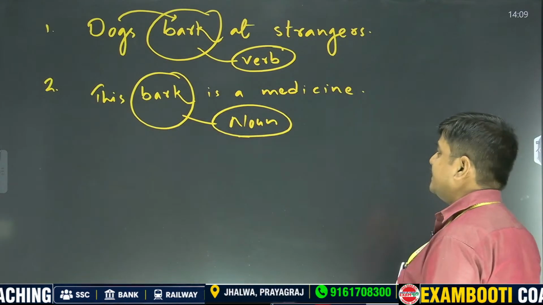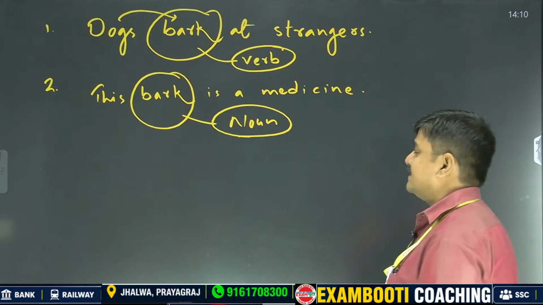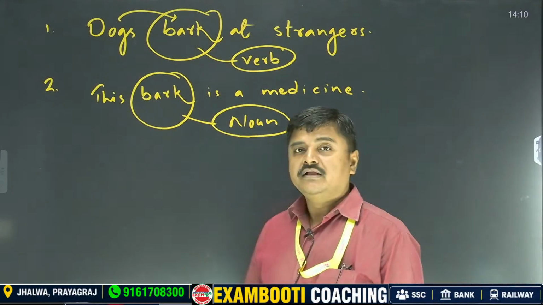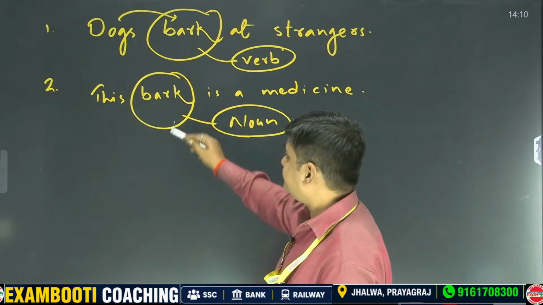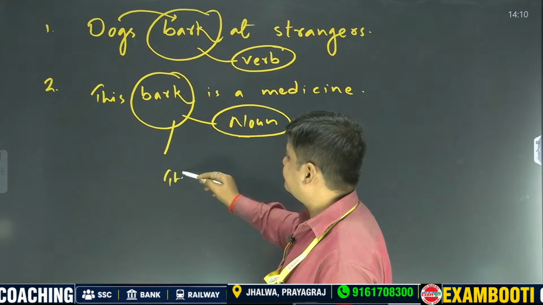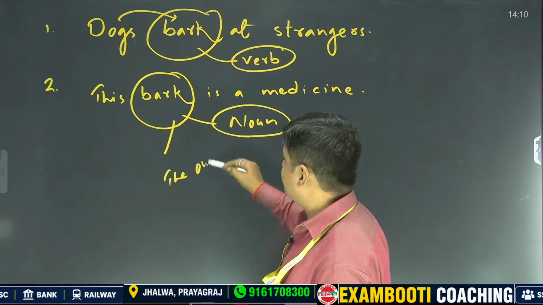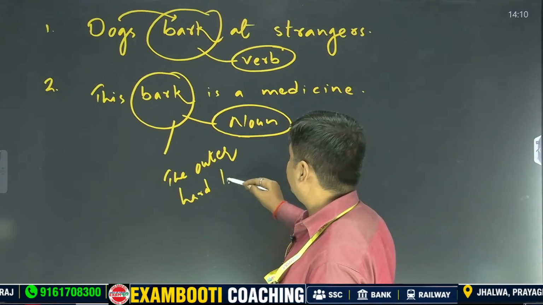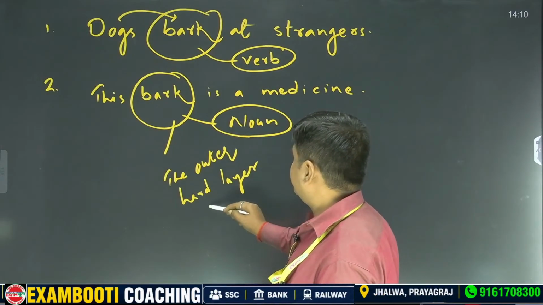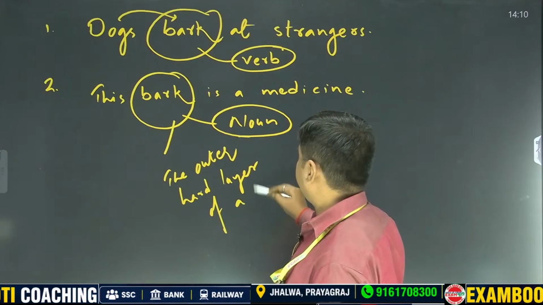Here in this sentence, this bark is the medicine. Here, bark is a noun. And when bark is a noun, it means the outer hard layer of a tree.